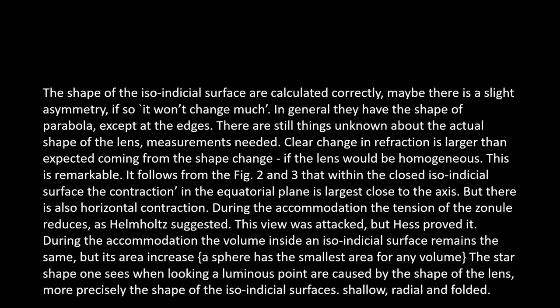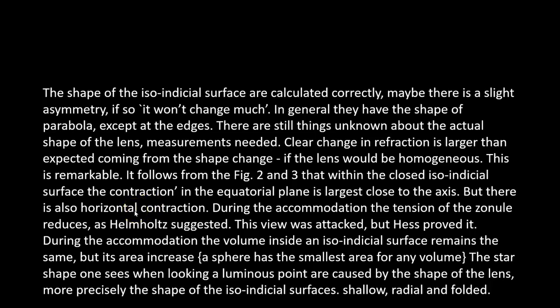The change in the figure is larger than expected coming from the shape change if the lens would be homogeneous. This is remarkable. It follows from figures 2 and 3 that within the closed isoindicial surface the contraction in the equatorial plane is largest close to the axis, but there is also horizontal contraction.